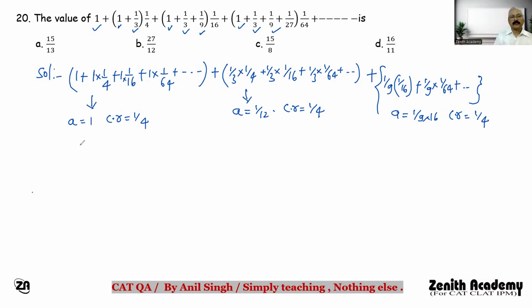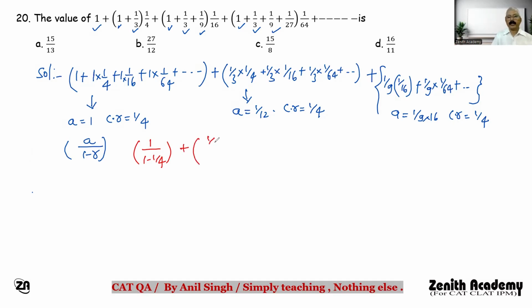So here, for this bracket, you can say A upon 1 minus R. It is a simple formula for finding the sum of the terms in a GP for an infinite number of terms. So here, this formula is going to be useful. Here, 1 upon 1 minus 1 by 2.